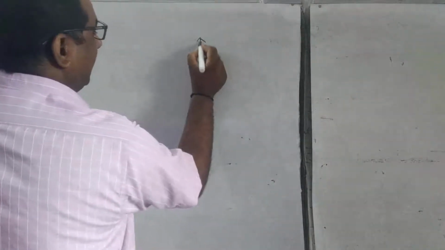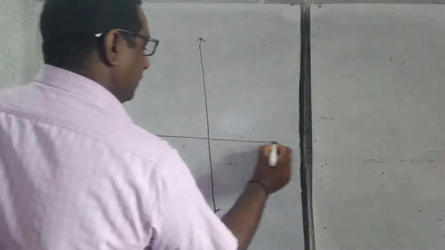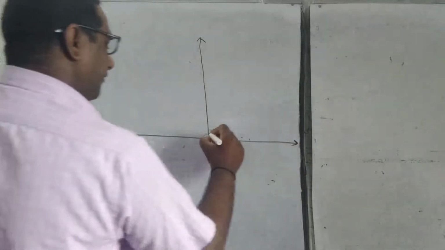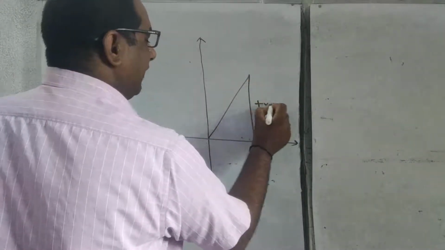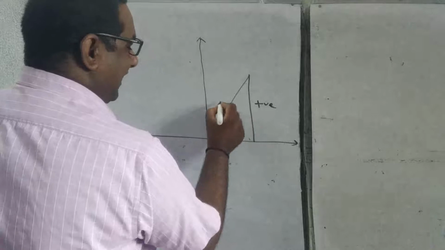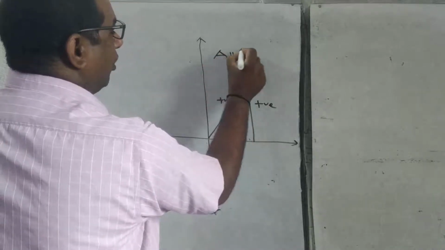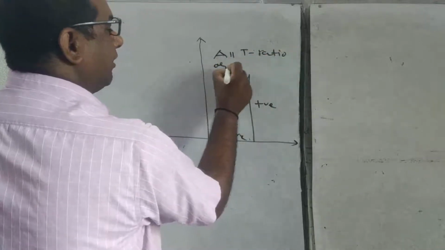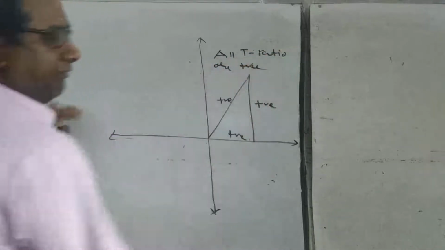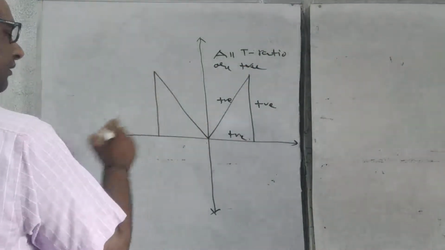Now with respect to all the quadrants, if I make a figure, what happened in the first quadrant? In the first quadrant, every side is positive. It means all T ratios are positive. What happened in the second quadrant?